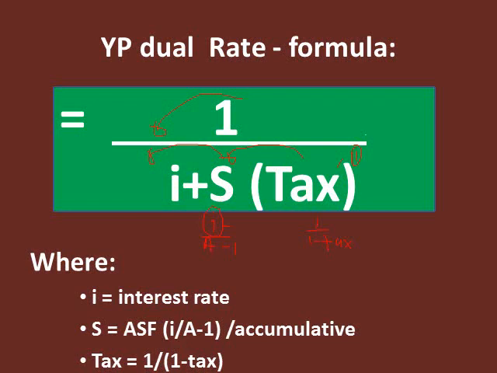Alright, so for this case, the annual sinking fund, you need to use the sinking fund rate. In the exercise, you will be given the annual sinking fund rate and the tax rate. You use that rate to calculate the sinking fund, then take the result of tax times S, plus I. And lastly, 1 over the result.